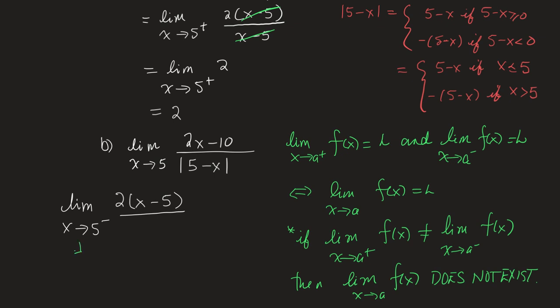I'm tending to 5 from the left. That means that x is less than 5, which means I want to go over here and I want to use this part of the function, right? So I'm going to rewrite that as 5 minus x.